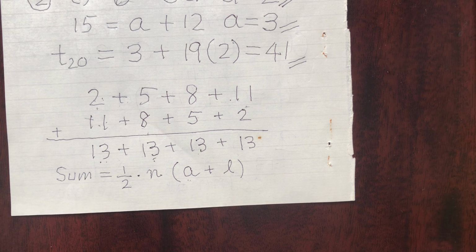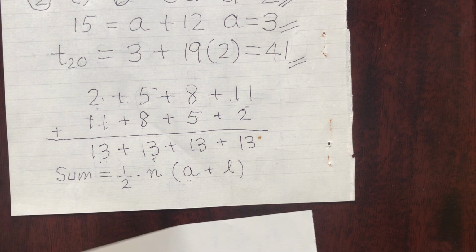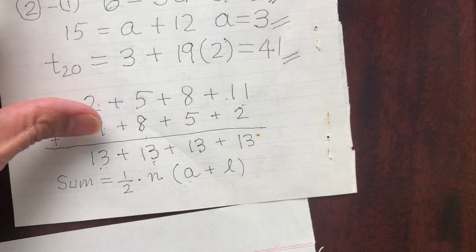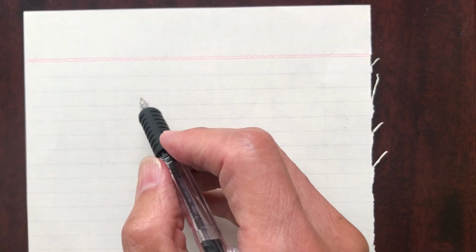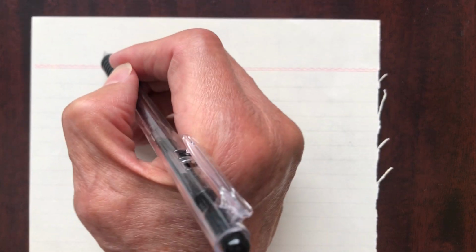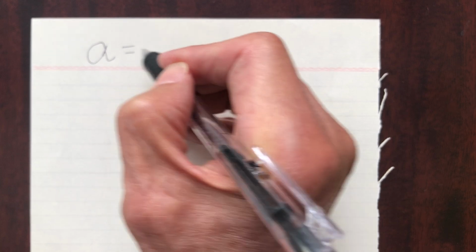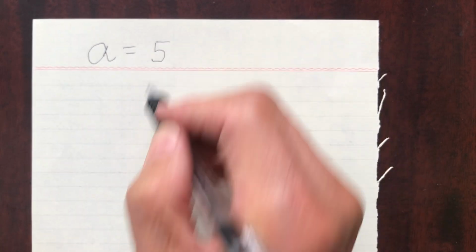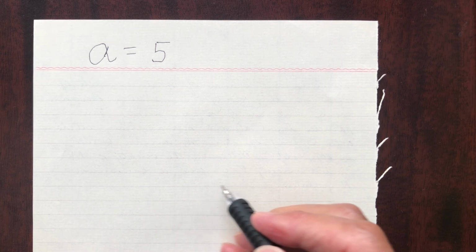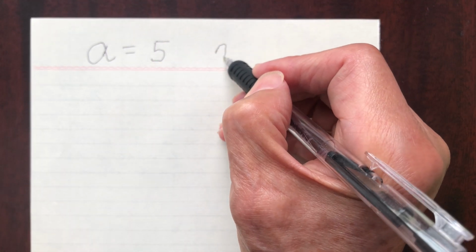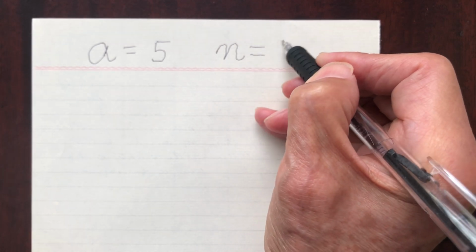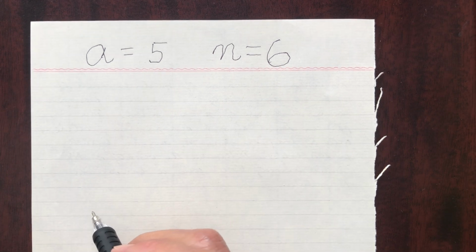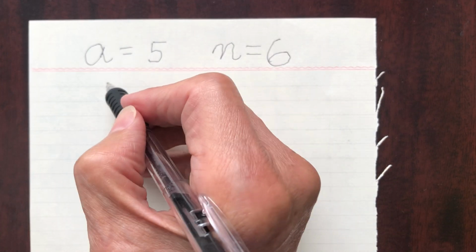Okay, let's have an example. Given the first term is 5, and the total number of terms is 6, the common difference is 4.